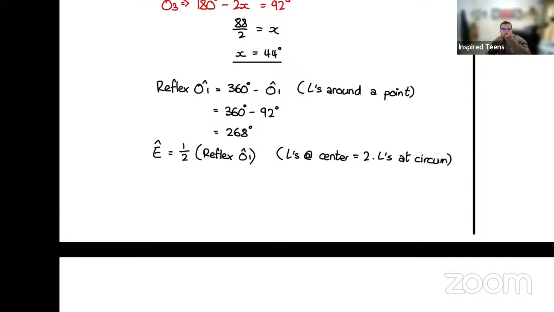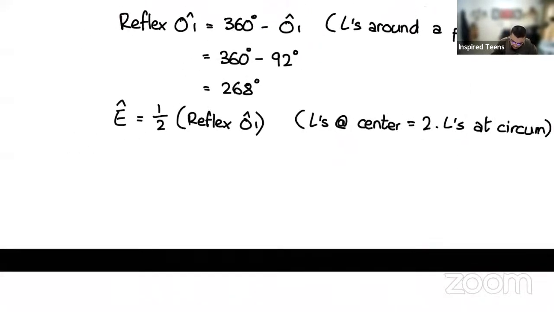There's no need to give any of the reason about the other segment or anything, though that was just for your understanding. Here, this is enough. Saying angles at center is equal to 2 times angle at circumference, right? And halving the reflex angle. So this is equal to half times 268. So angle E is equal to 134 degrees.